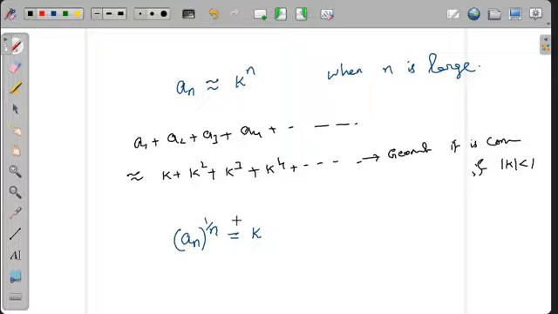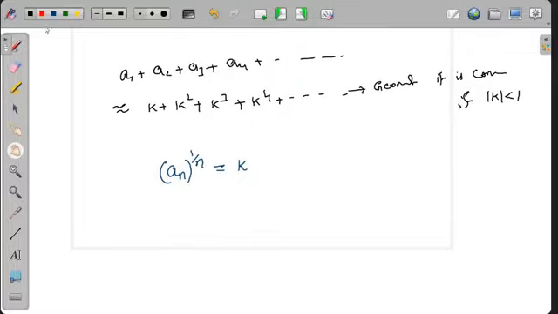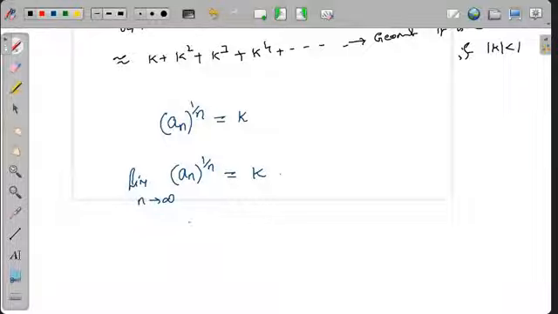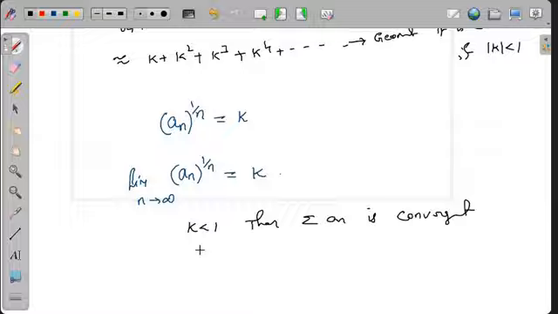Okay, so here let's try to derive the condition. So limit n goes to infinity of a_n whole power 1 by n. If this limit is k, and if k is less than 1, then summation a_n is convergent, like how we conclude in the ratio test.